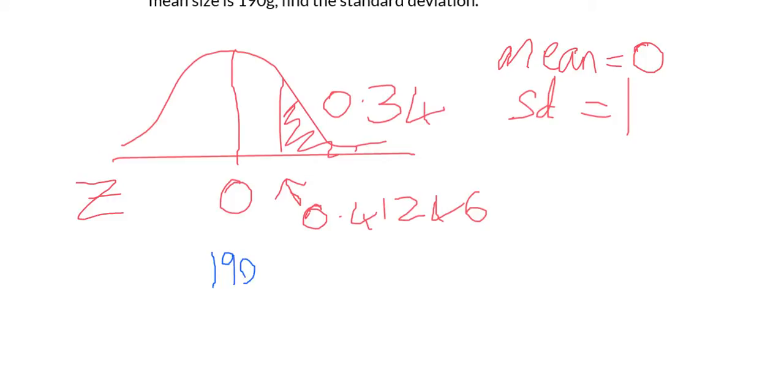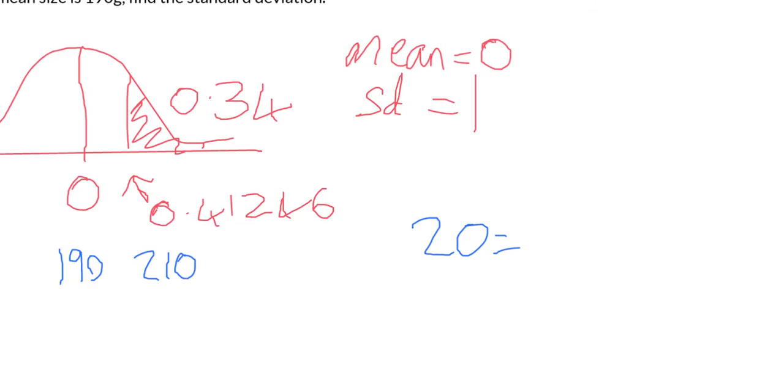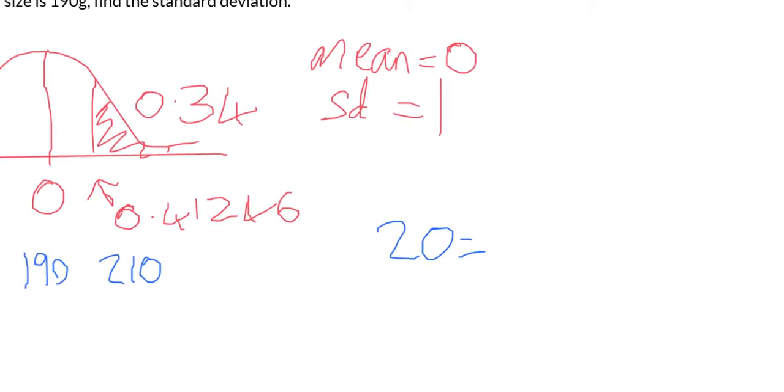So we know that this is 190 and this is 210, and we want to know the standard deviation. We know the difference between 190 and 210 is 20, and that equals 0.41246 standard deviations.